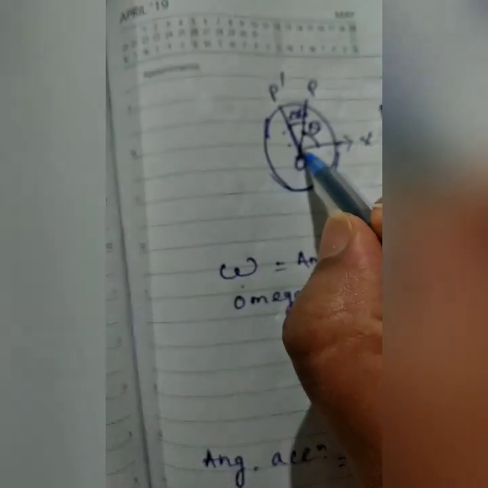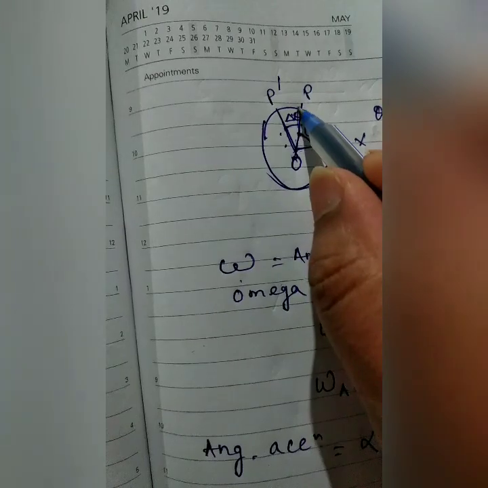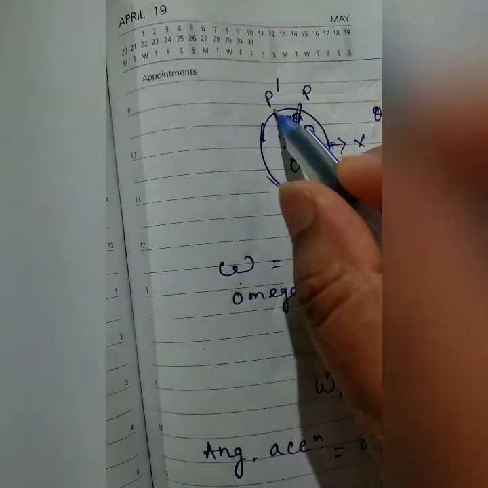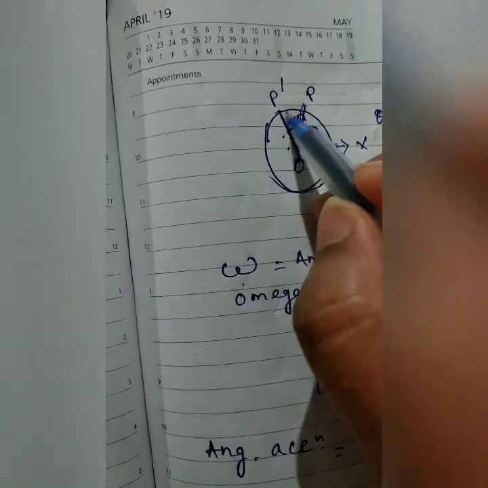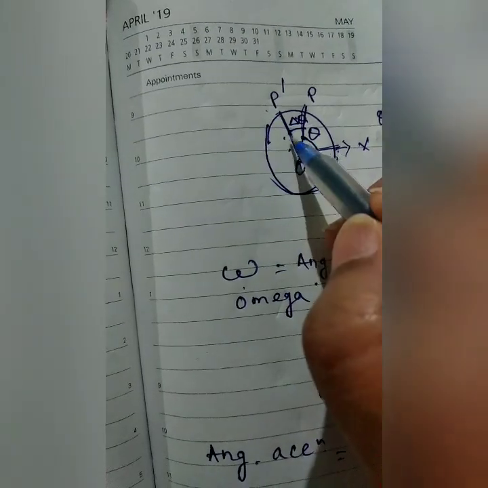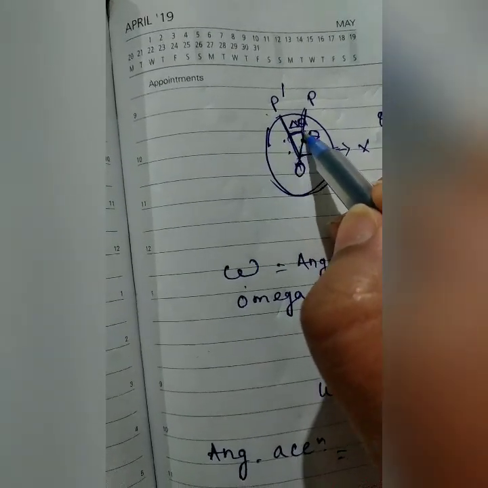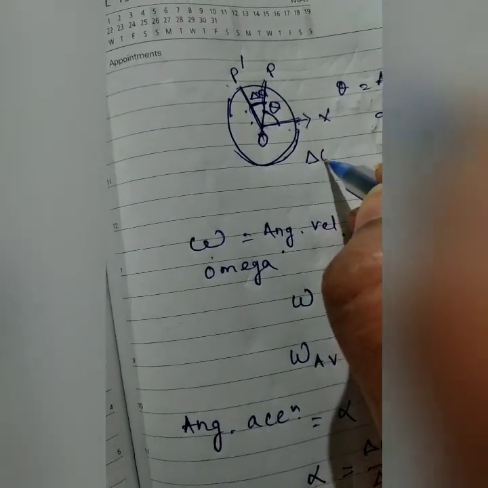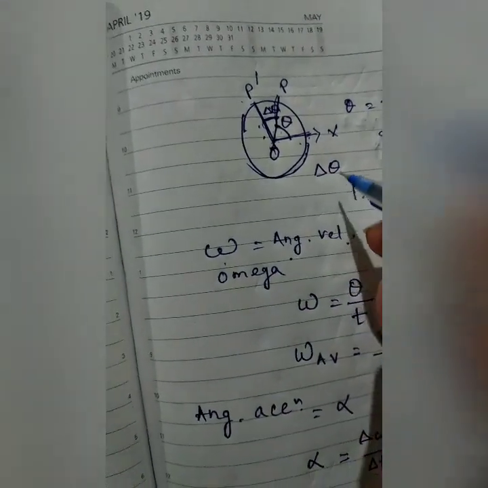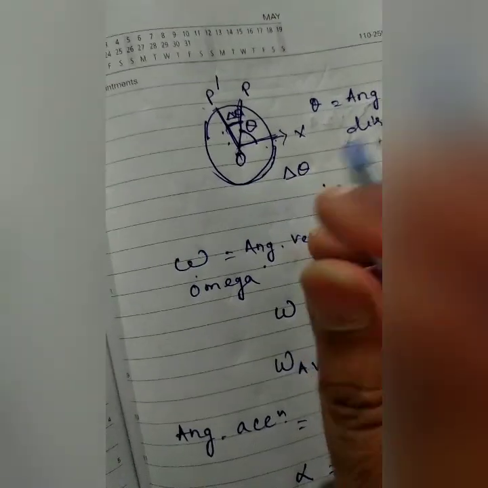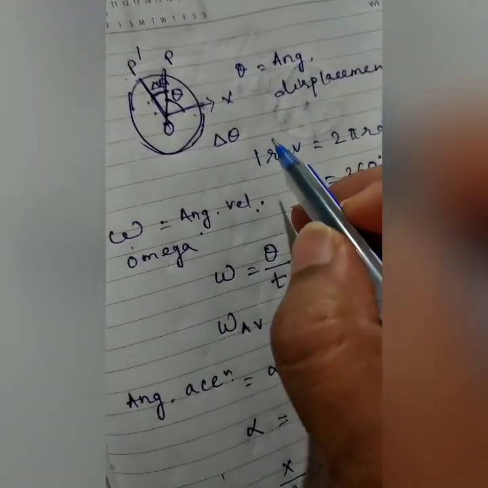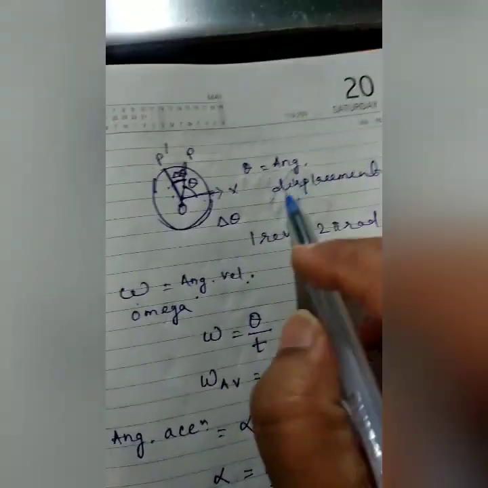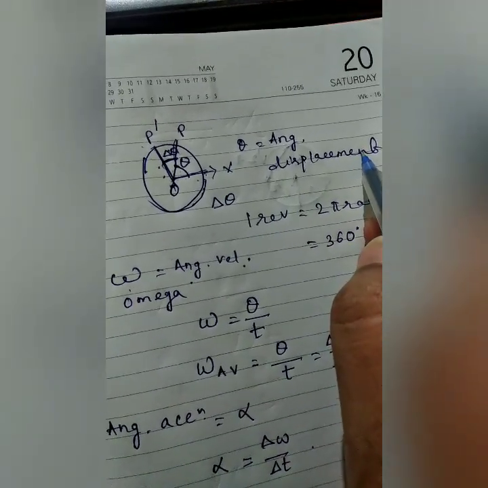If the reference is OP, and this line changes position to OP dash, what is the angular position change? That will be known as delta theta. Angular position is known as theta. Change in angular position is known as delta theta. We can say theta is the angular displacement.